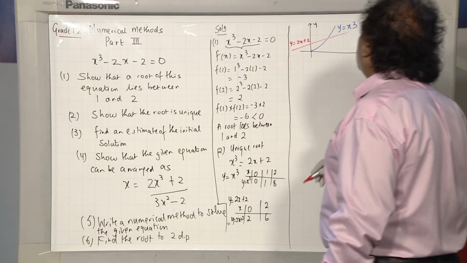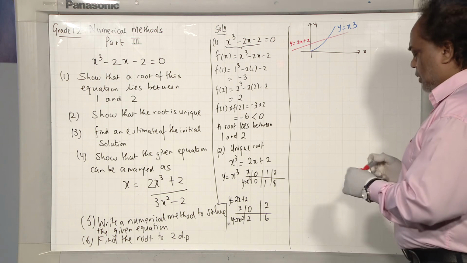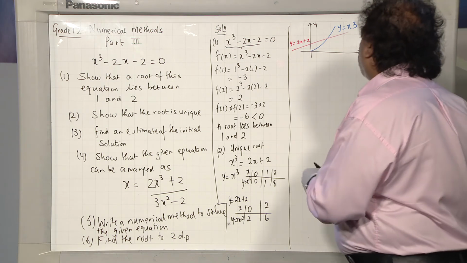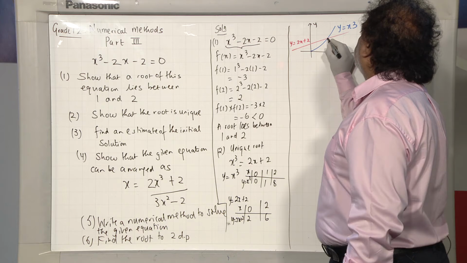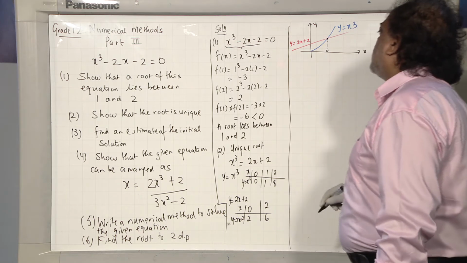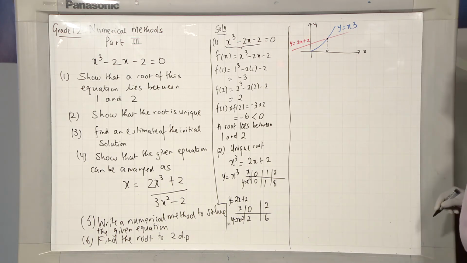So, when I plot the two, what do we notice? We have only one point of intersection.